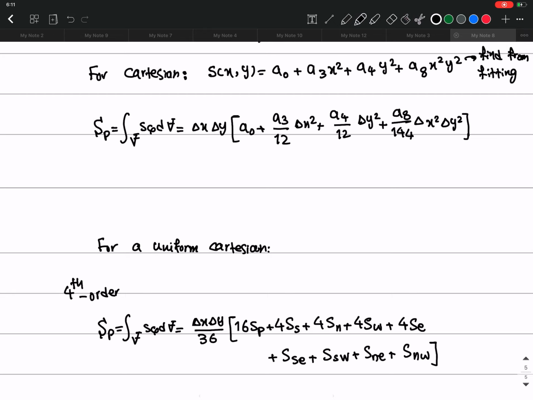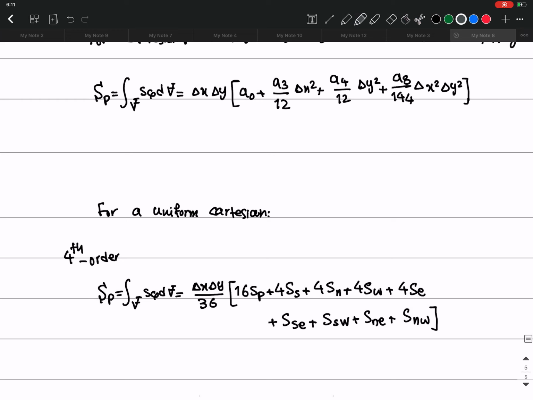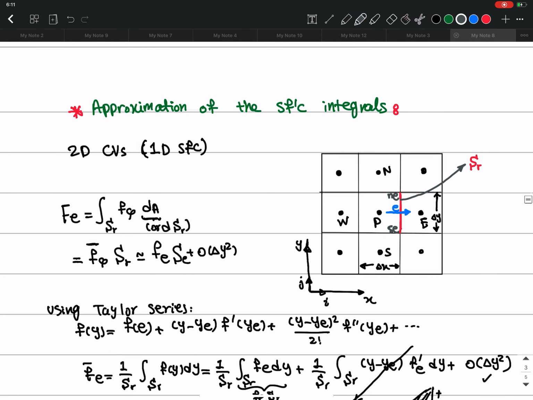Okay, SP, as you see, is just the center point, right? And SS, what is SS? If you look at here, SS is just south. It is this point. W is the west point, E is east, N is north, and then these are the corner ones: northeast, southeast, northwest, and southwest.